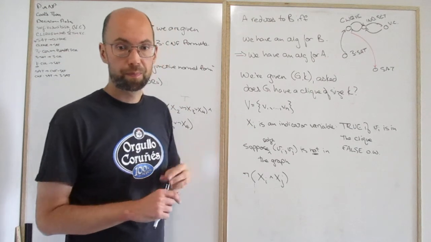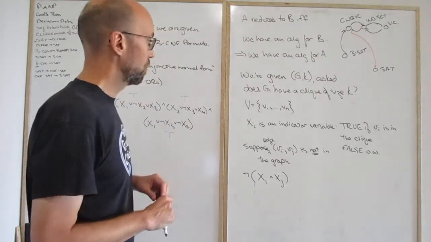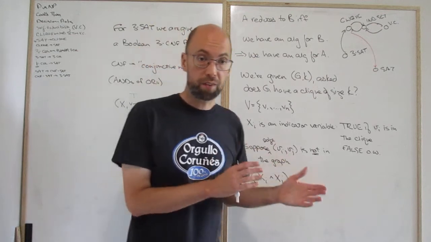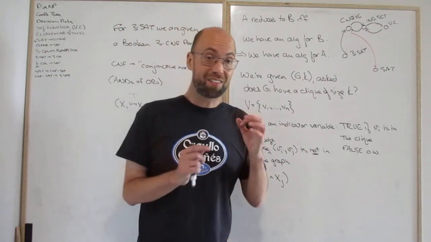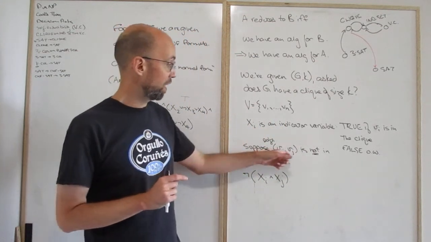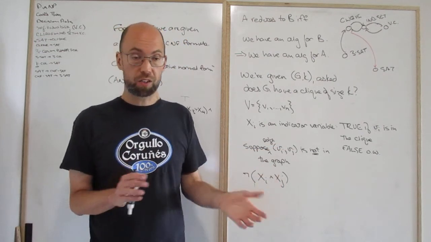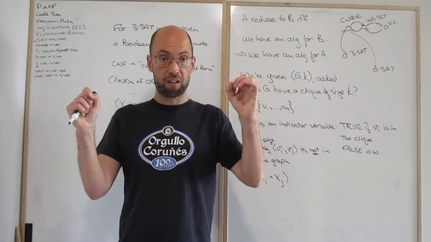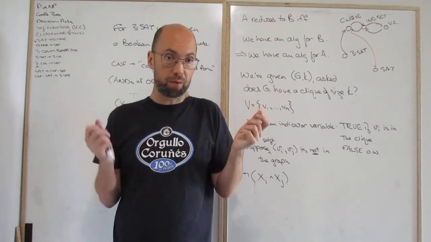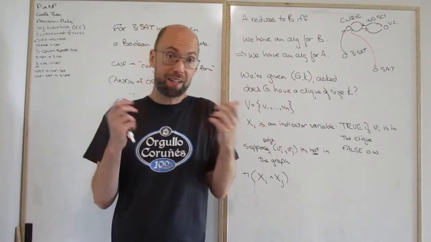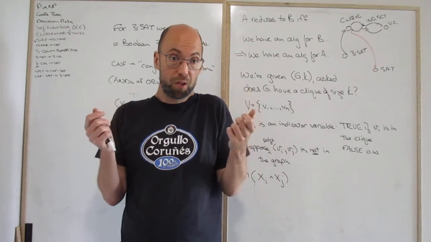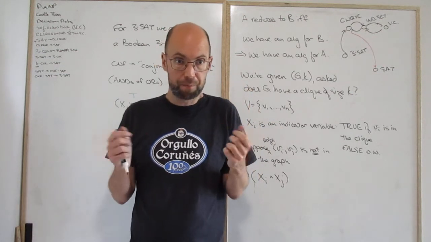Yes. So they can both be false. One of them can be true, one of them can be false. It's not going to work if you say, okay, if there is an edge, then they both have to be true. That's not true, because you can have an edge and one of them is in the clique, but the other one isn't. The only thing you can't have is if you don't have the edge, you can't have them both in the clique.